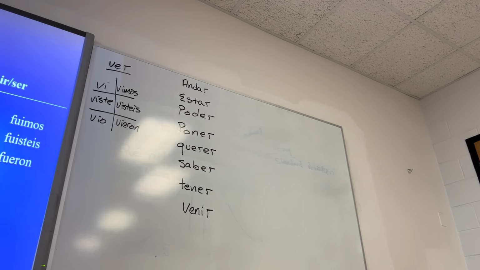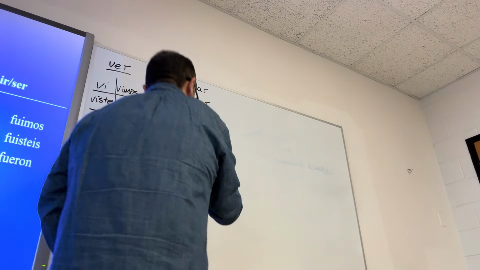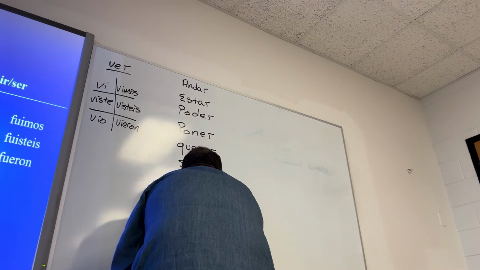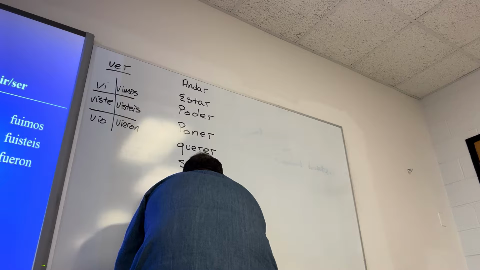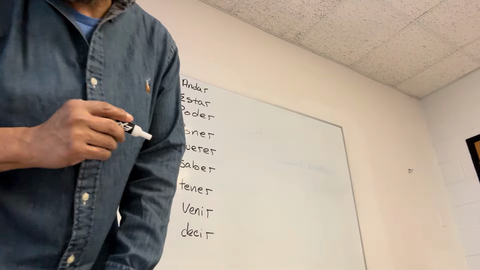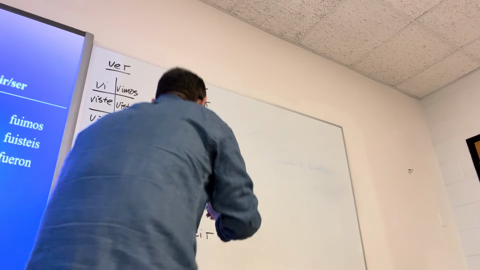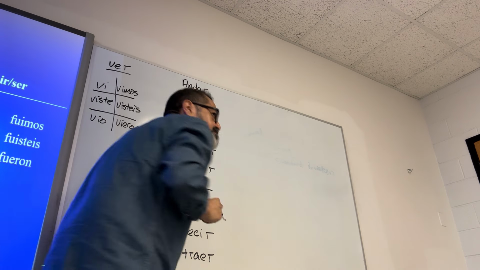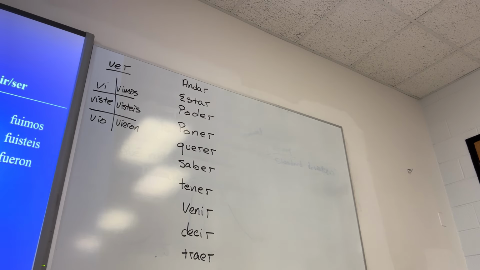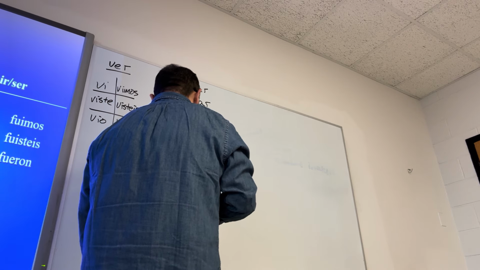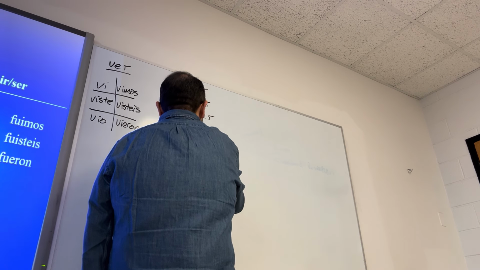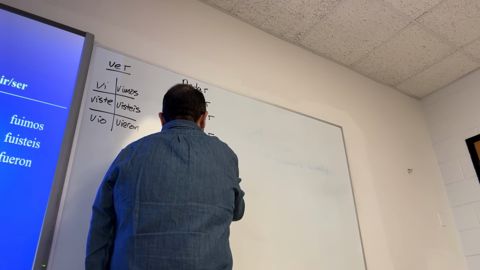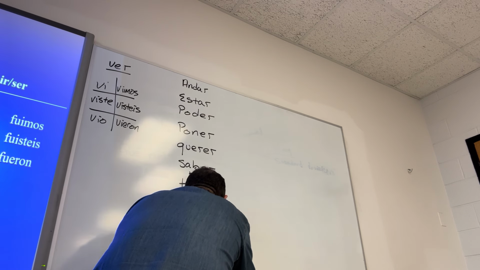Okay, there's two more. Decir is to say or to tell. And then, does anyone remember traer? To bring. Muy bien, whoever said that. To bring. Okay? And I suppose I should have left a little group. I'm going to put hacer right here. No, I won't. I'll put it in the bottom.